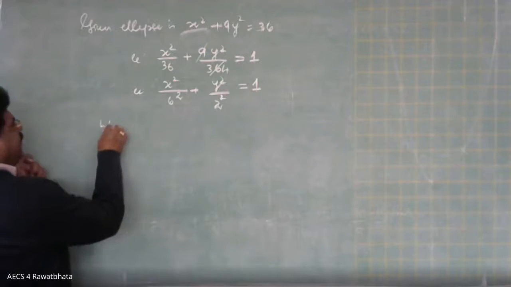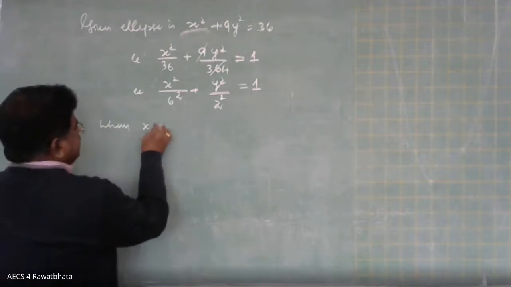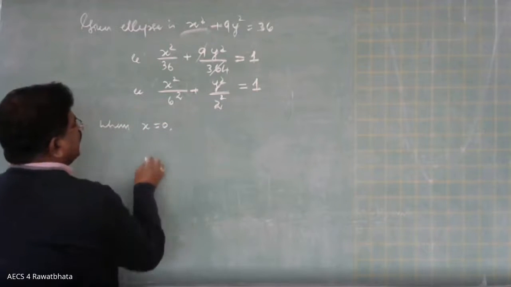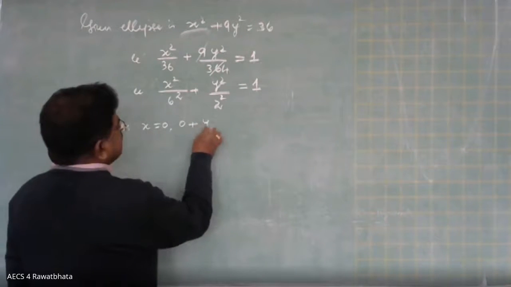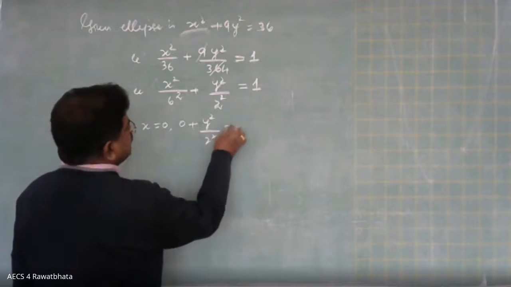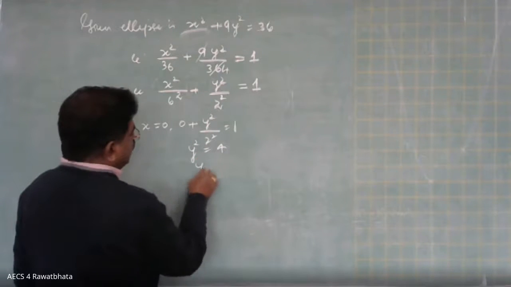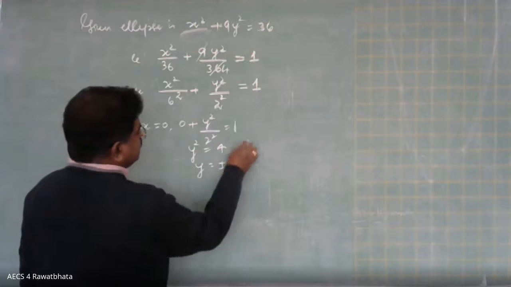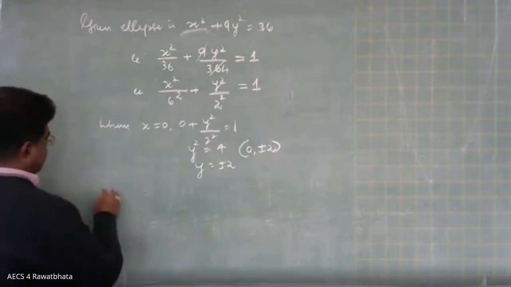Now we have to find some important points. When x is equal to 0, 0 plus y squared by 2 squared is 1. That means y squared is 4, y is plus or minus 2. So 0 comma plus or minus 2.